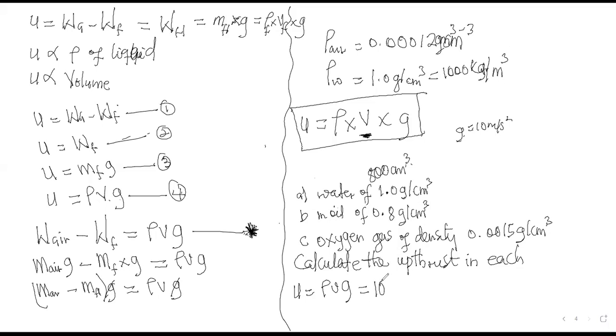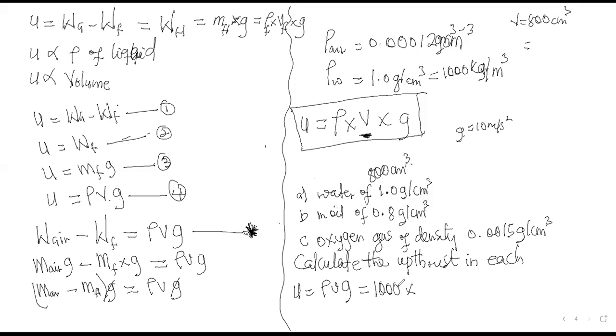So 1,000 times, when a body is fully immersed in fluid, the volume of the body is equal to the volume of water displaced. And so we are told that the iron cube has a volume of 800 cm cube. That is also the volume of the liquid displaced because it is fully submerged in it.